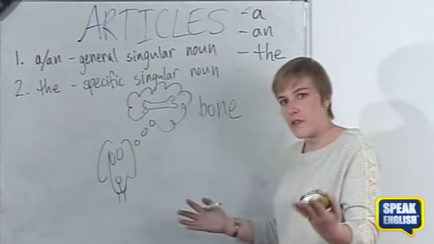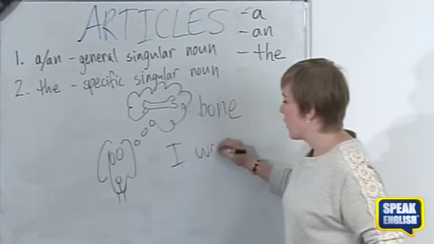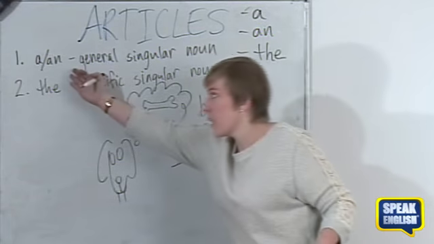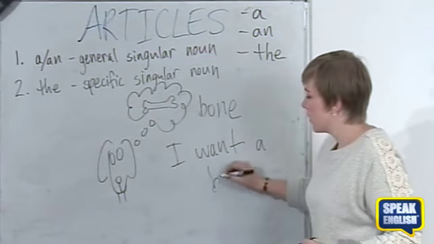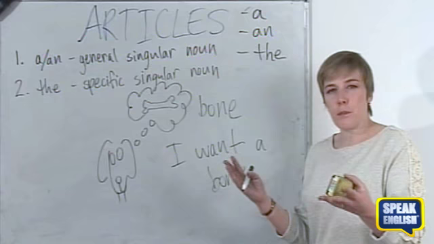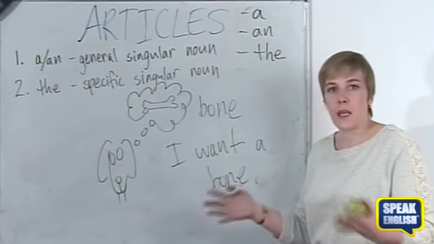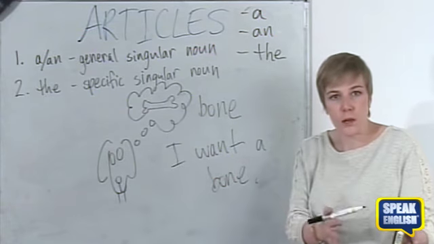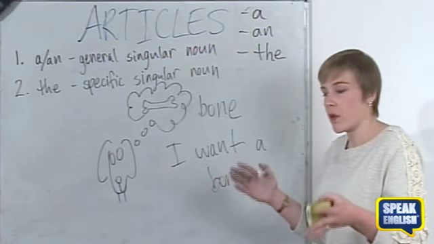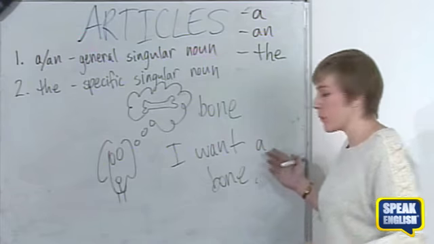Probably general. So our sentence can be, I want a bone. So it's not important, any bone, right? He doesn't care. It can be any bone, a big bone, a small bone, a chicken bone, a cow bone. It's not important. So we use a bone.